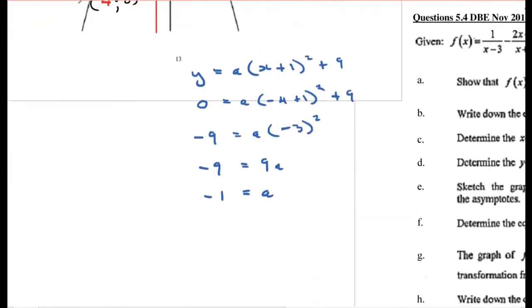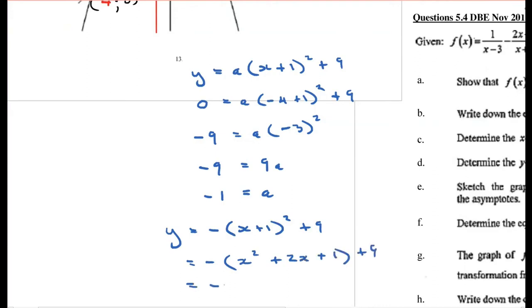Now, I still haven't proven the b and the c values. What do I do now? Well, I have one less unknown. Let's put it back in the formula. So y equals negative (x plus 1) squared plus 9. Now I'm going to expand everything. If you want to square binomials quickly, square the first, double the product, square the last.